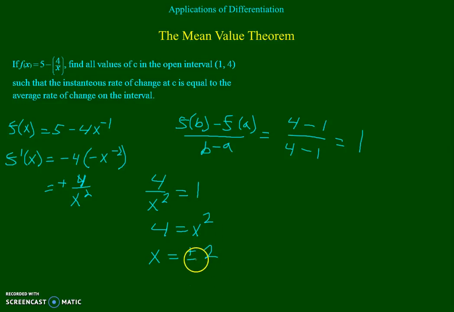Well, negative 2 is outside of our interval, but 2 is inside our interval. So our target c value is x equals 2. And that is all the values of c that satisfy the mean value theorem, where the average rate of change is equal to the instantaneous rate of change. Now let's look at the next section.